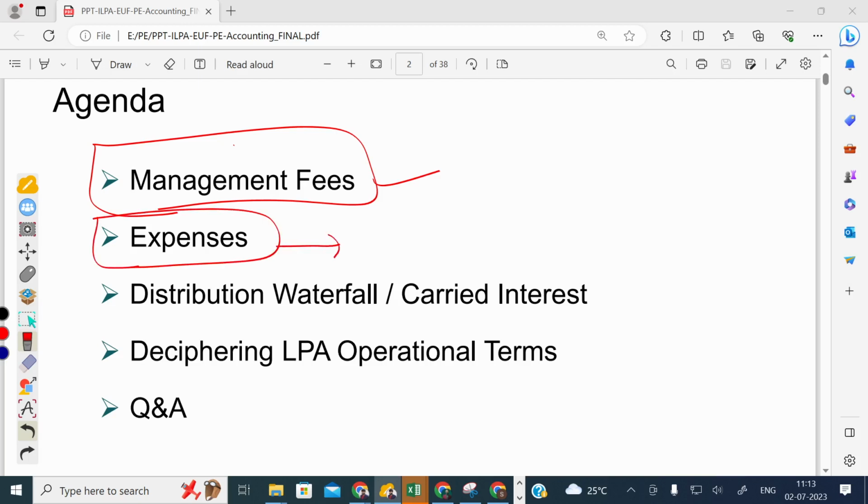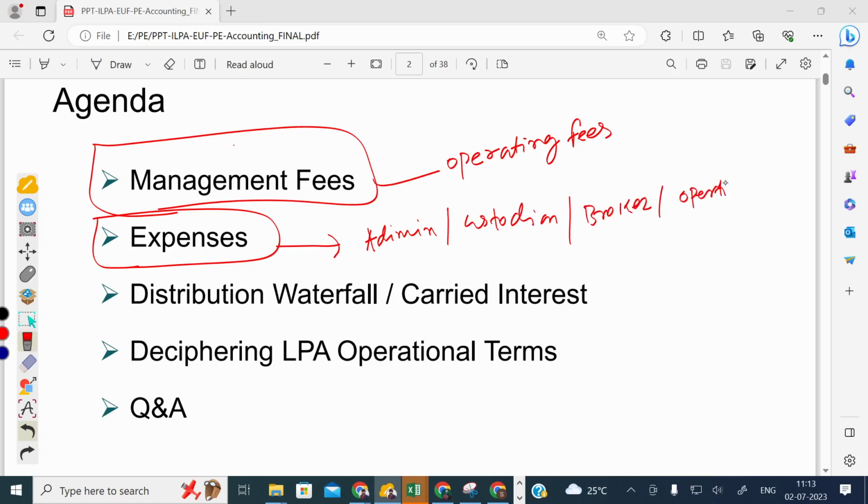And when we say fund, it means you would see other expenses as well. There would be categorization of expenses. The management fees would be operating fees. And expenses which we say here: admin, custodian, broker, or any other operating expenses.